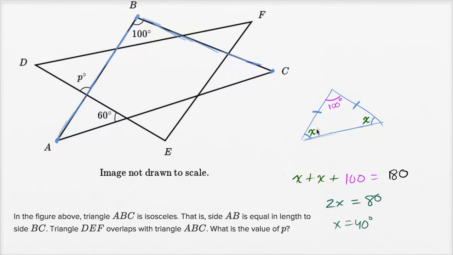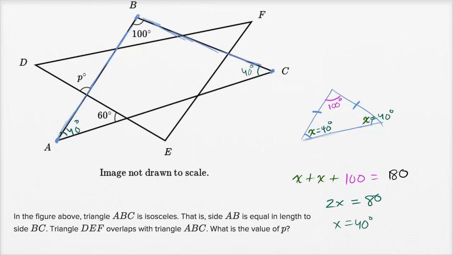So just like that, we're able to figure out that both of these are going to be equal to 40 degrees. And that came straight out of the fact that ABC is an isosceles triangle. These two base angles are going to be congruent. So this is 40 degrees, and this is 40 degrees.